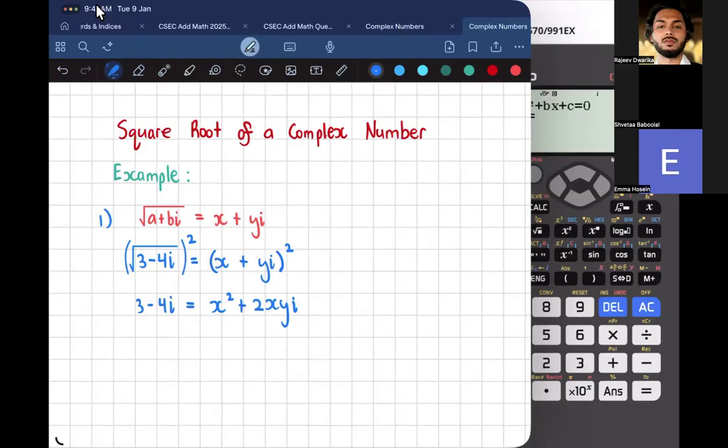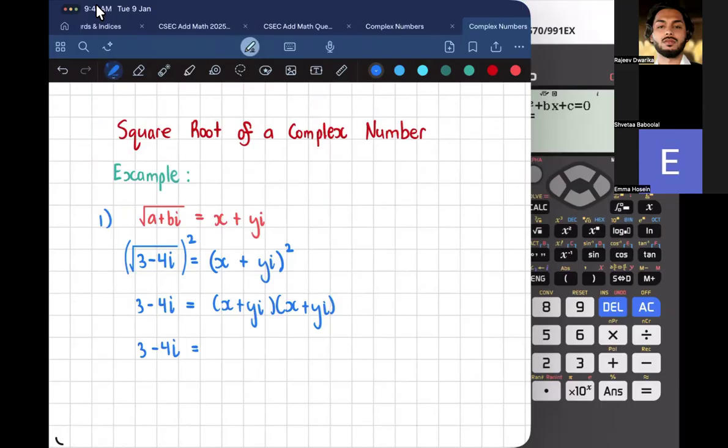Watch, if I were to expand that out, that would just be x plus yi by x plus yi. And if you were to expand that out, again, I hold you guys to a very high standard there.